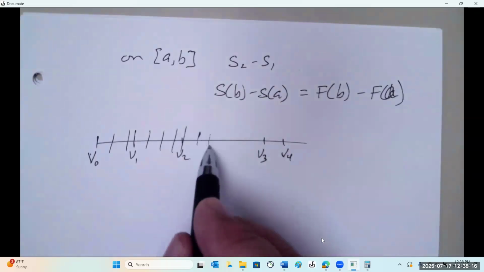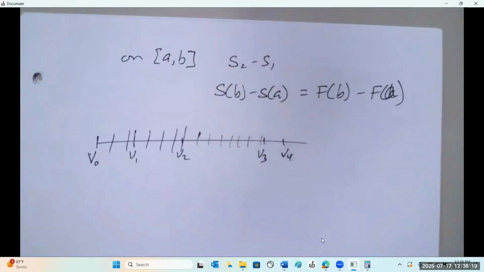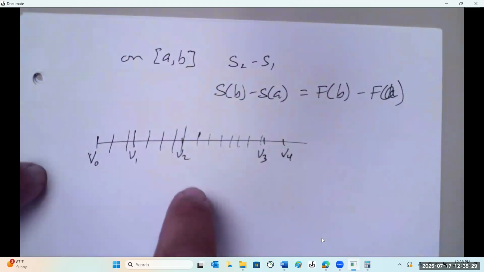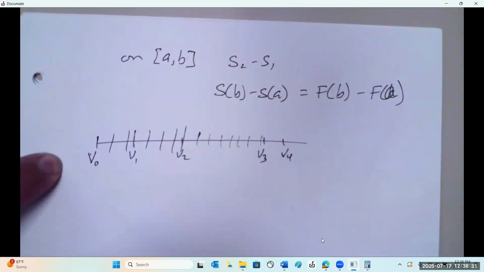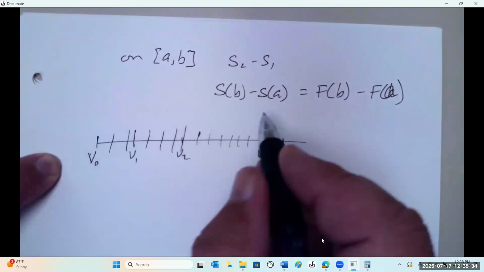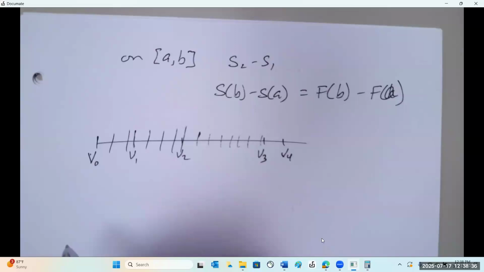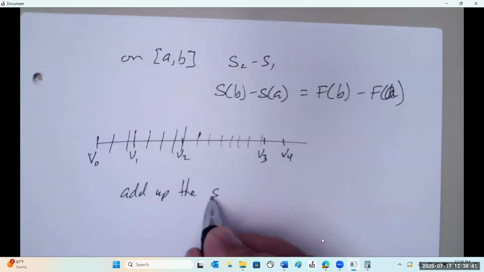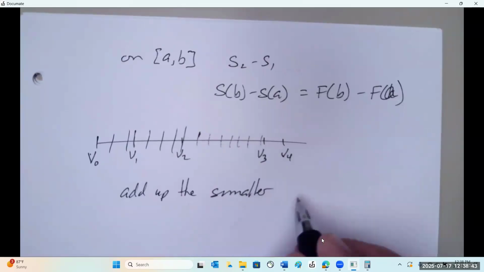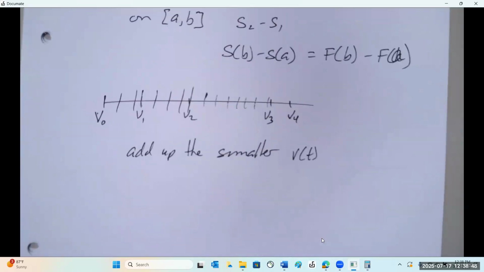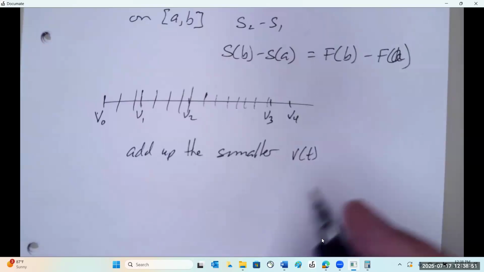So again, why is this important? Because what do we do with the 1 minus x squared function? To approximate the true area of that, we broke it down to smaller pieces. To find the true distance traveled, we break it down to smaller pieces and do what with all these small pieces? We add them up. Subintervals.